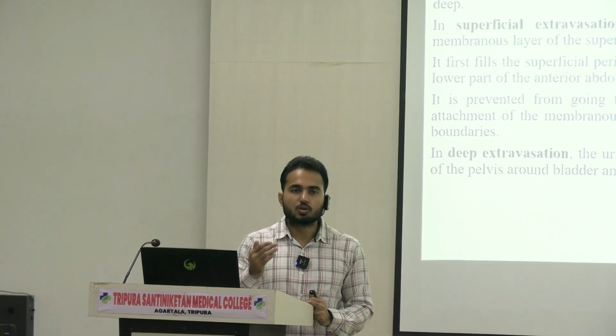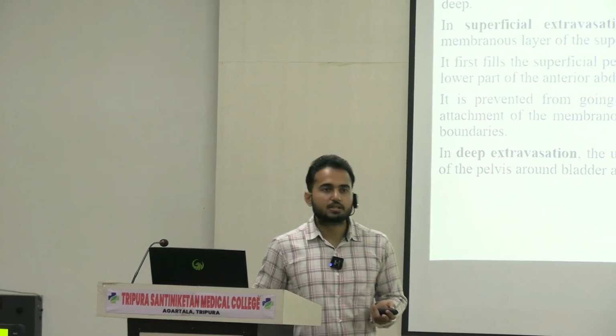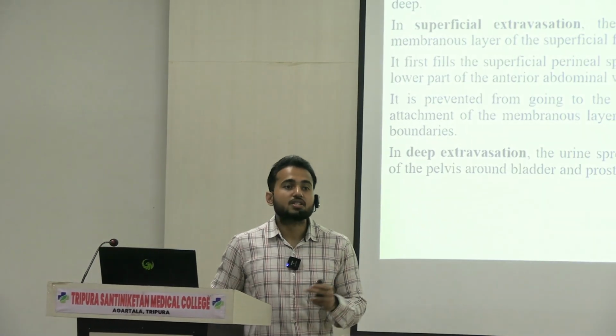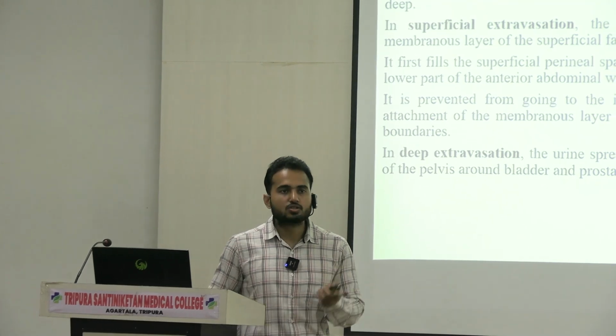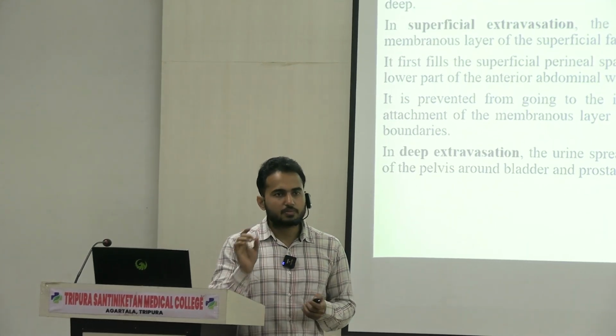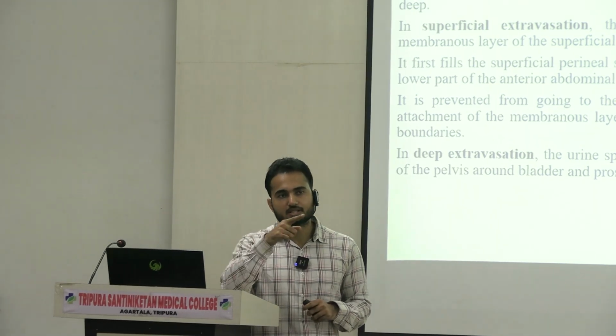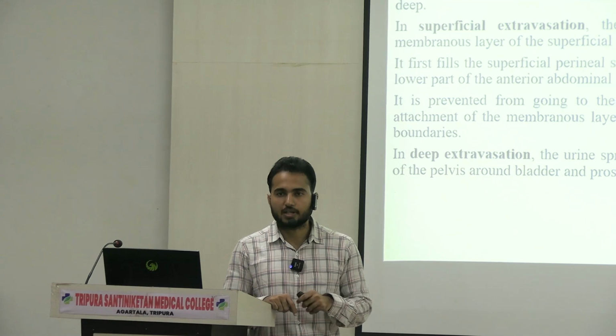Another important cause by which there may be chances of rupture of the urethra is cystoscopy or other interventional procedures. In cystoscopy, similar to endoscopy, a cystoscope is inserted through the urethra up to the bladder to see the interior of the bladder.